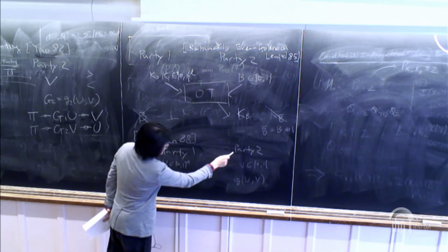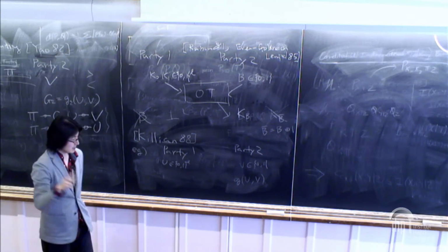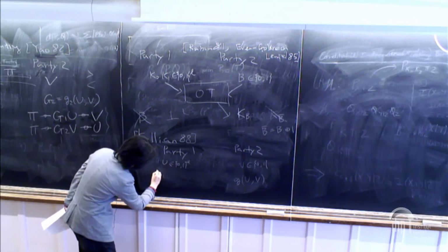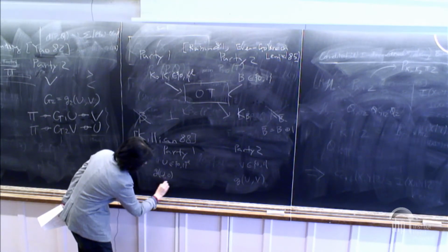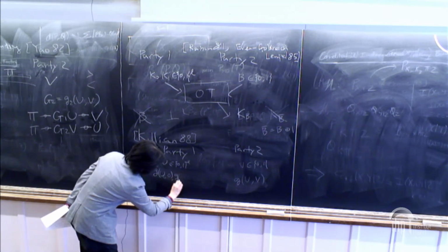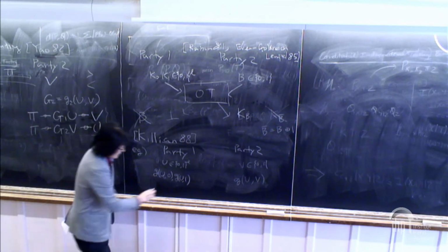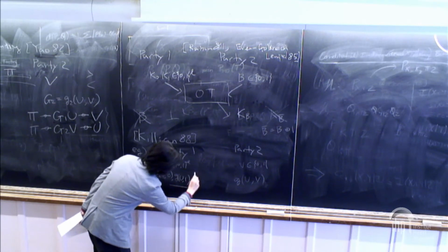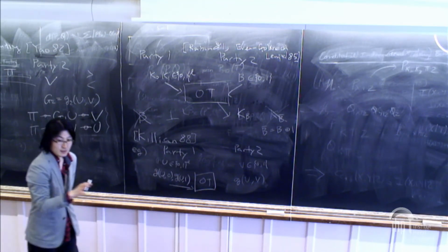Because party 2's observation is just binary, there are two possibilities. So party 1 first pre-computes g of u and 0 and g of u and 1 locally, and inputs these to the oblivious transfer.